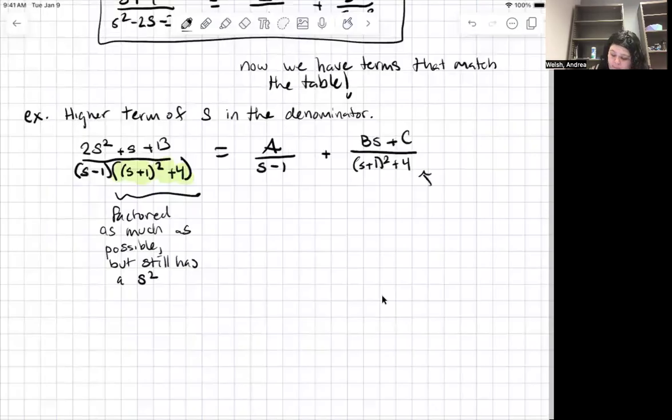Because the denominator has S squared as its highest power, the numerator needs one power lower.